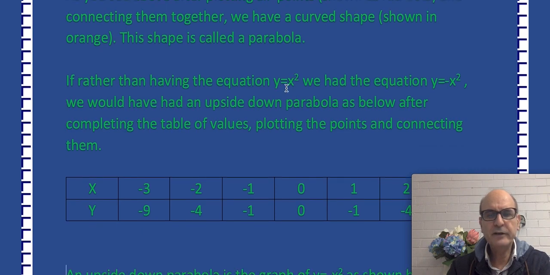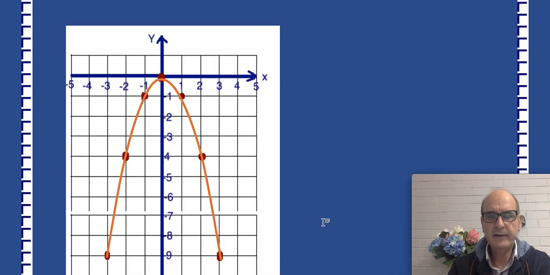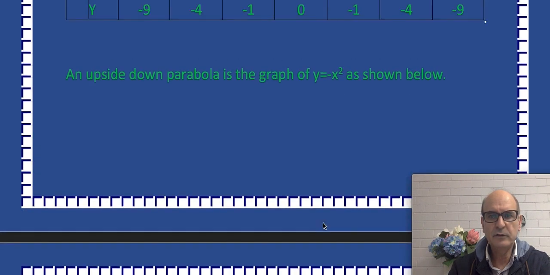What if rather than having y equal to x squared, I had y equal to minus x squared? So that means I got to square x, whatever it is, and then put a minus in front to calculate my y. All right, let's make a table of values for this and see what we are going to get.